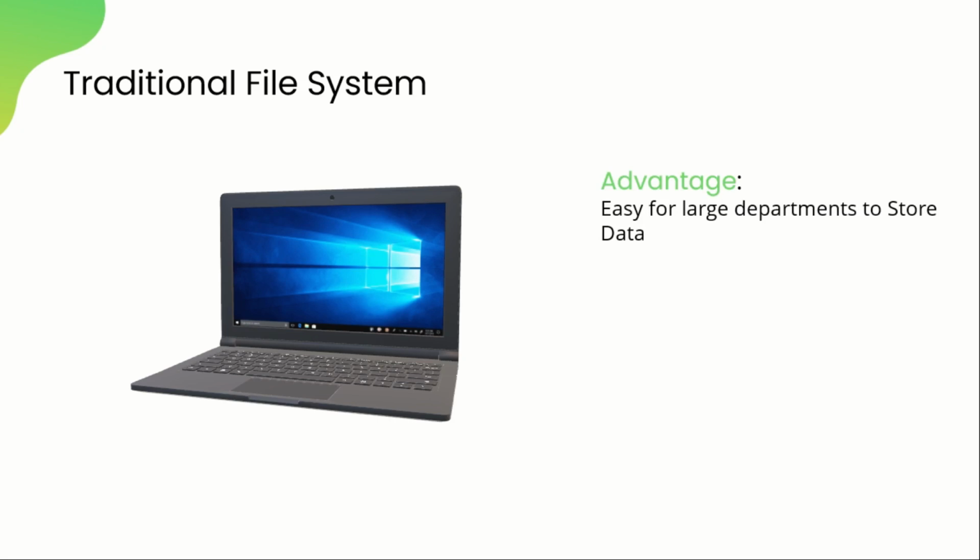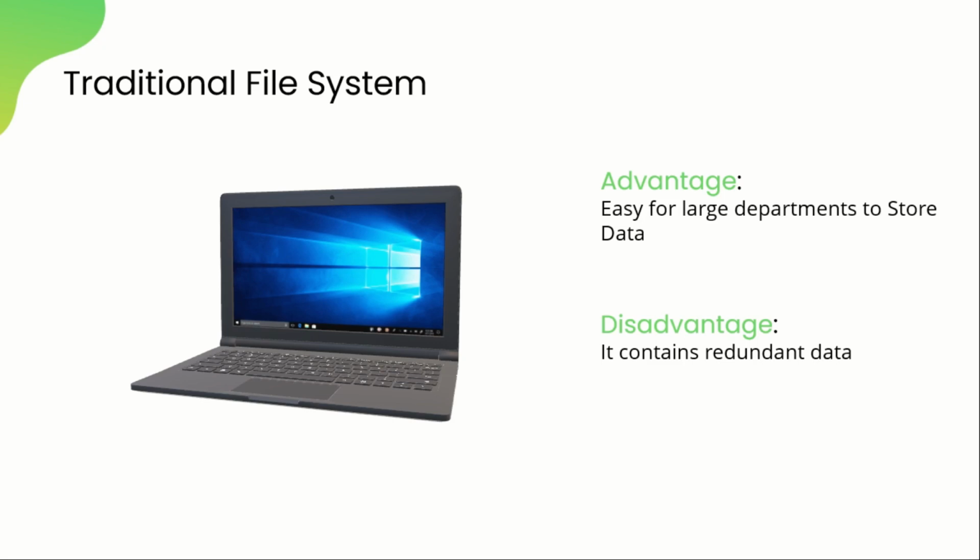Now large departments can easily scale the data and manage it. But still there was some issue. The issue was redundant data. Same data was being kept in different files and it was creating lots and lots of ambiguity among the users.